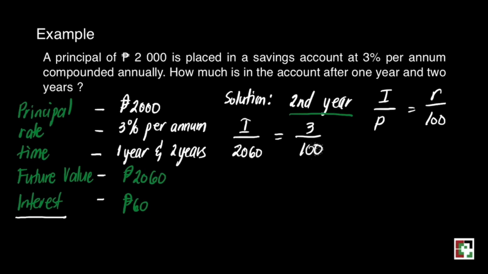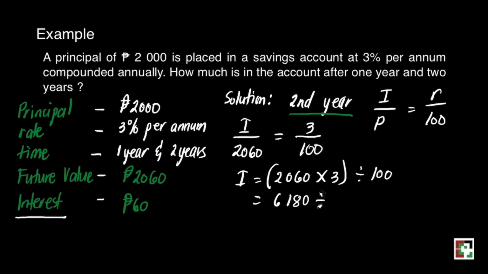So let's just substitute. That's going to be I over 2,060 is equal to 3 over 100. I is equal to, or interest is equal to 2,060 times 3 divided by 100. That's 6,180 divided by 100. And we will get, for the interest for the second year, that's 61 pesos and 80 centavos. How to get the future value? Still the same. That's going to be interest plus principal.